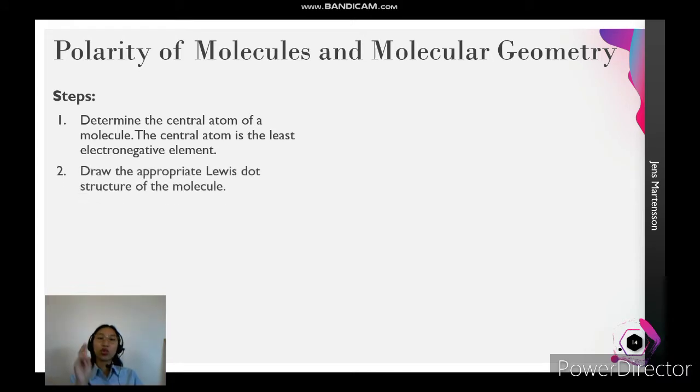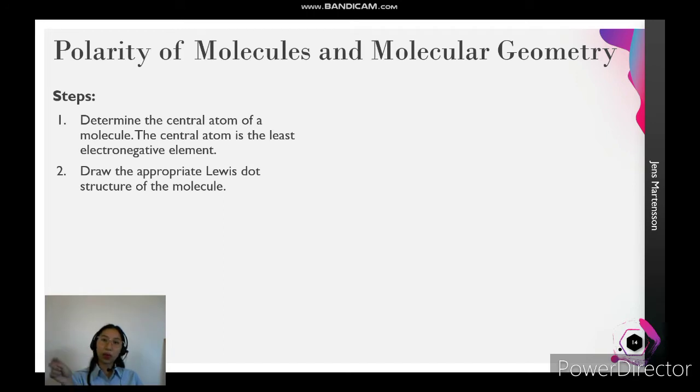Second step is draw the appropriate Lewis dot structure of the molecule. So, in your lower grades, I think grade 8, grade 9 or grade 10, you already know how to draw the Lewis dot structure of a certain molecule. Unsa man ang nag-represent sa mga dots sa Lewis dot?